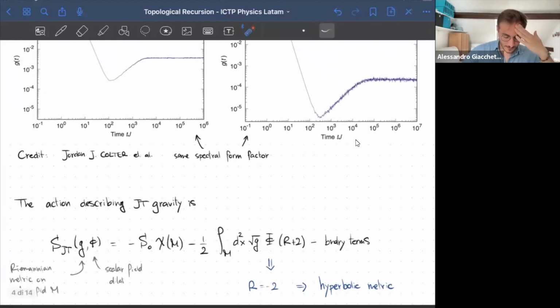Okay, but let me describe a bit more this JT gravity. JT gravity can be described by an action which depends on two objects, g and phi, where g is a Riemannian metric on a 2D manifold. JT is a 2D gravity theory, and phi is a scalar field called the dilaton field.